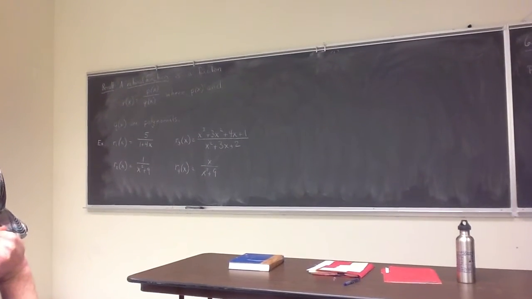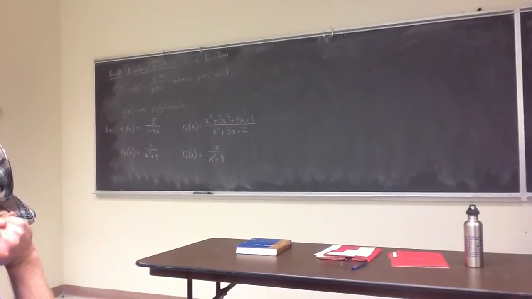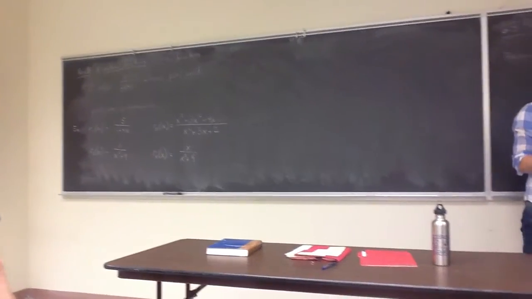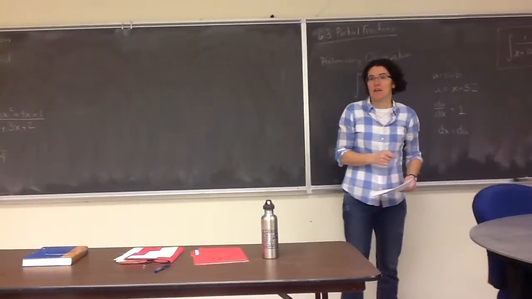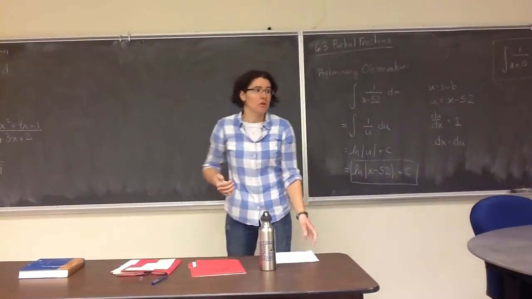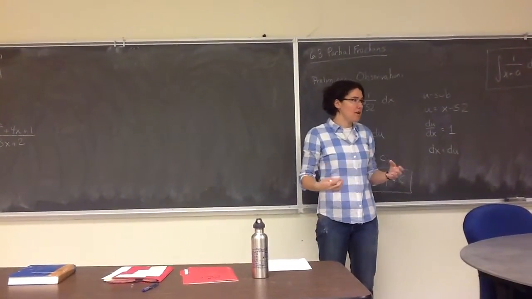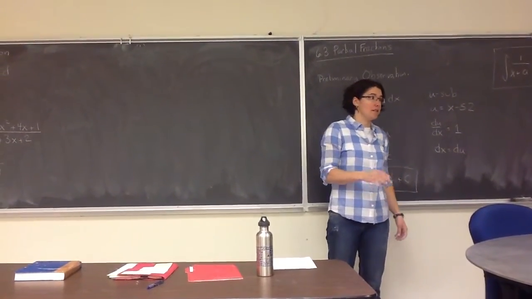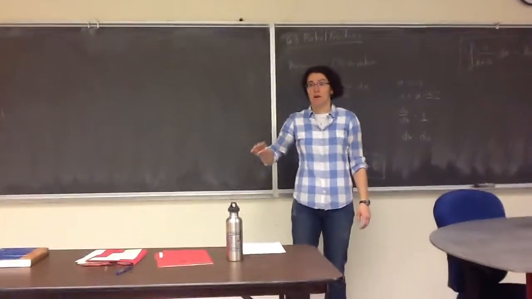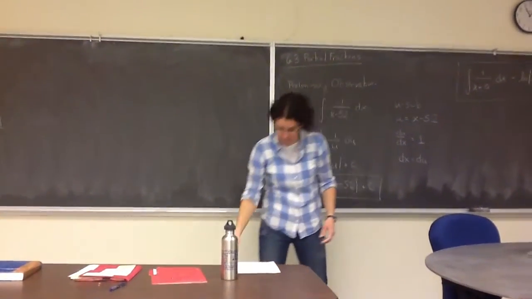Now, the really cool thing about rational functions is that every single rational function can be integrated. Okay? We can manipulate these in a bunch of different ways. We can break them down so that 100% of rational functions are something that we can integrate.